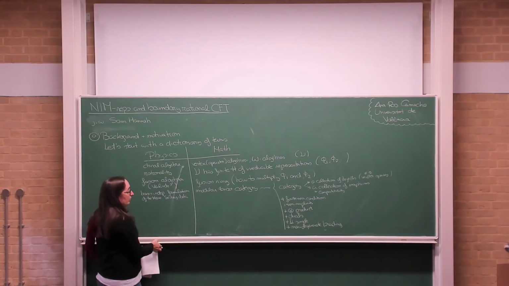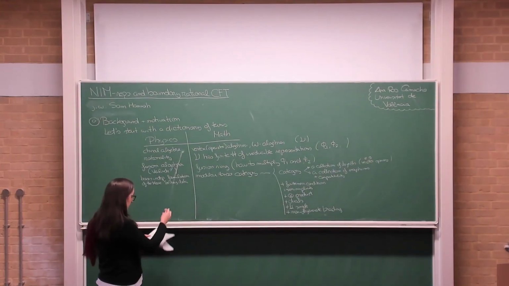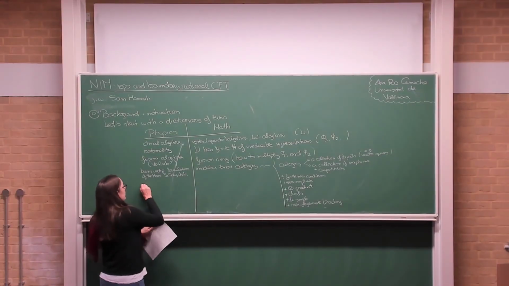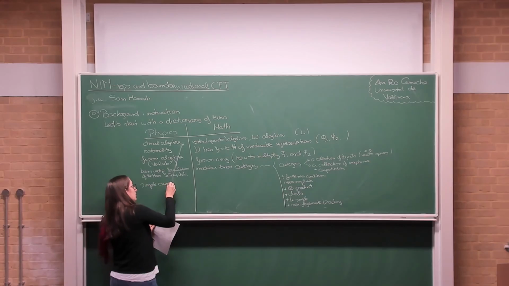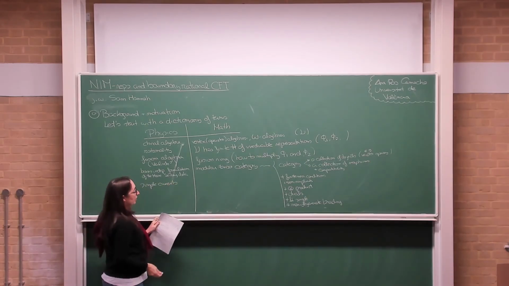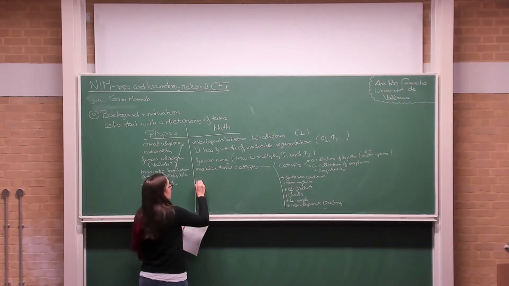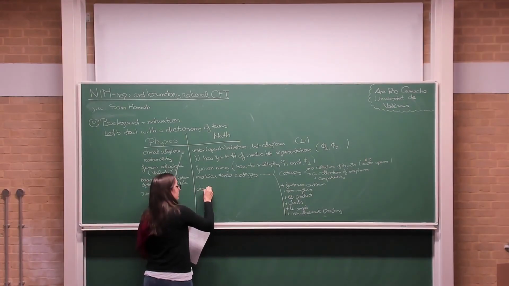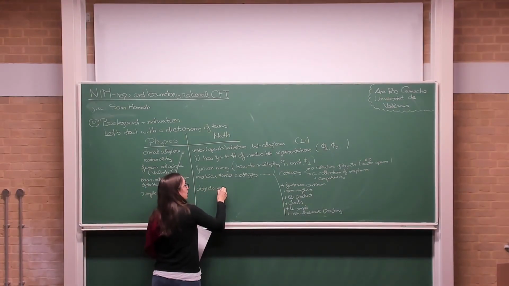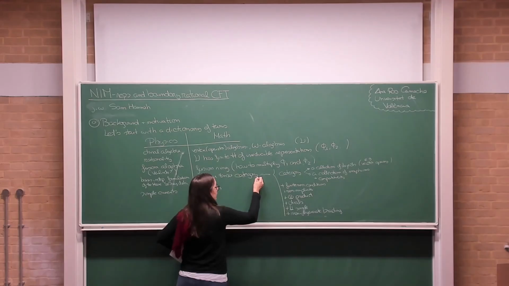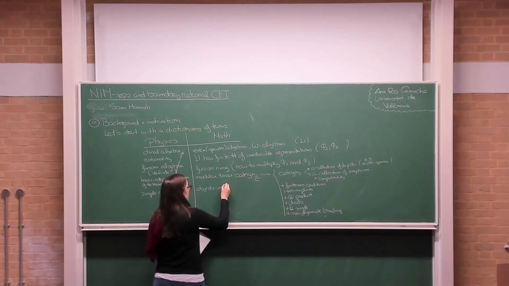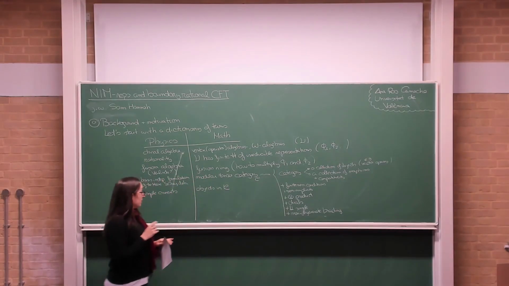Let me add a couple of extra things to the dictionary to conclude it. So simple currents in here, these are going to be objects in, if I call my category curly C, that need to satisfy two things.